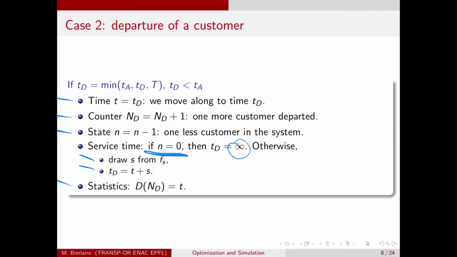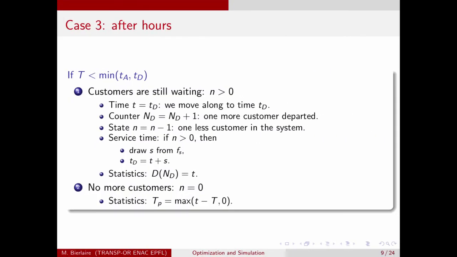Okay, good. And then we have the final event, which is the closing of the bar. It means that when this event happens, the next arrival of a customer will be after hours, so this guy will not be admitted, and the next customer who will be served is also after hours. So we have 2 possibilities here. Either there are customers still waiting in queue, and then we have to process the queue.